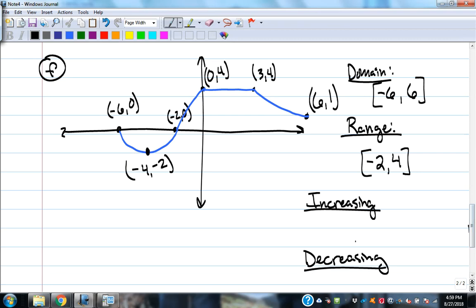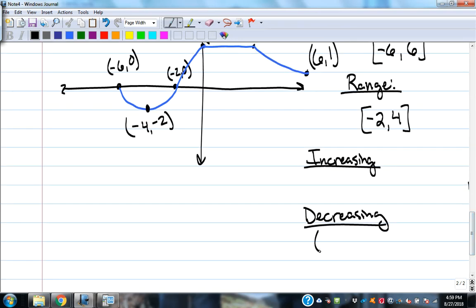So from -6 all the way to -4, it's decreasing. I'm using parentheses there because, you know, does it start increasing at -4 or does it stop decreasing at -4? There's no real way to tell. So just when you're talking about increasing and decreasing, just always use parentheses. Don't use brackets at all. Okay. From -4 all the way to what is it increasing?